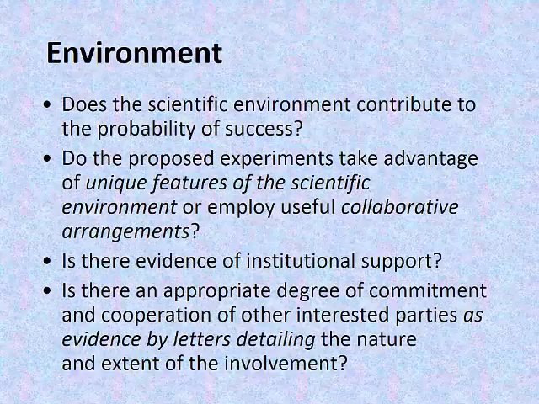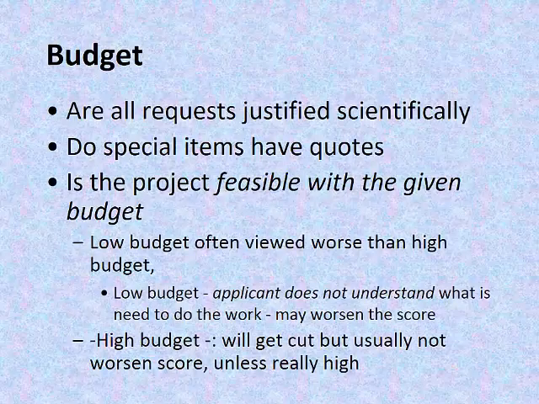We're blessed with a very strong environment, and from the CTSI you can actually get some boilerplate text to help you write the resources and environment section of your grant. The budget's important. The scientific reviewers aren't supposed to make their decisions based on the budget, but you don't want flaming errors in the budget, right? Everything has to be justified scientifically.